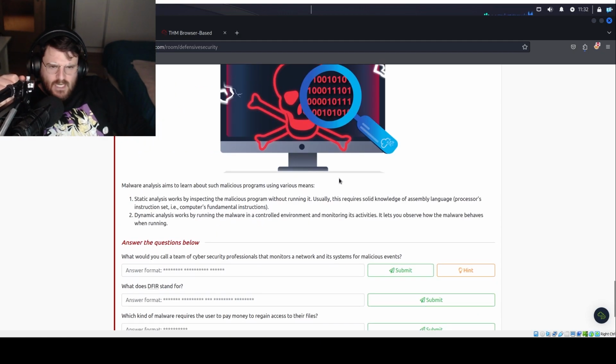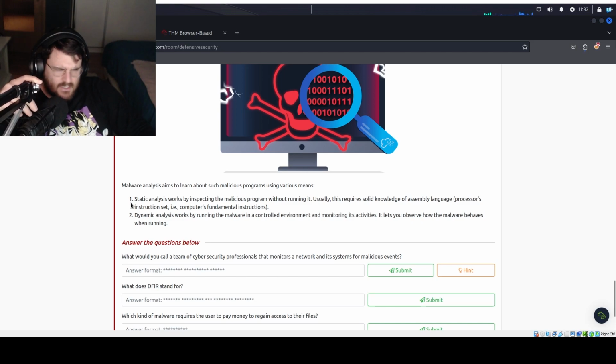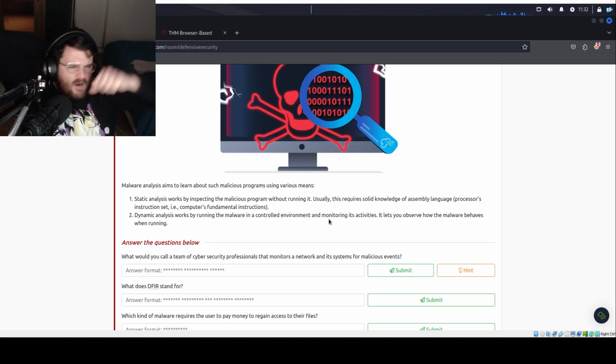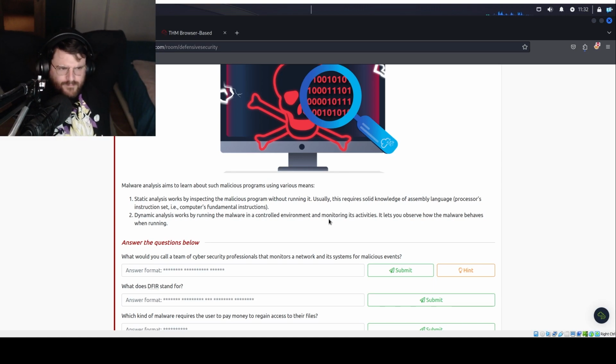Malware analysis aims to learn about such malicious programs using various means. Static analysis works by inspecting the malicious program without running it. Usually this requires solid knowledge of assembly language, which is what processor instructions are.